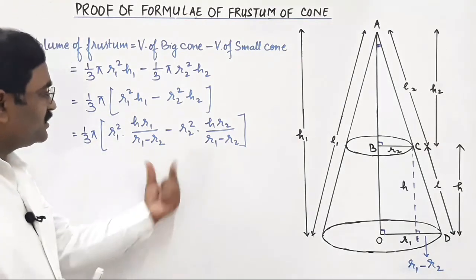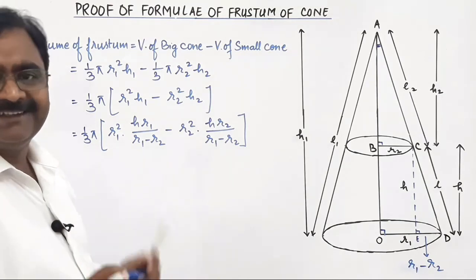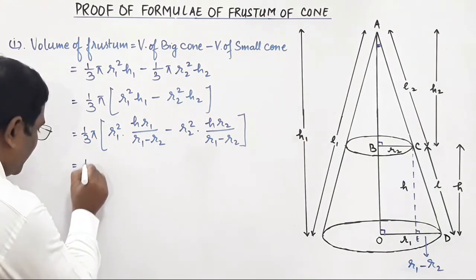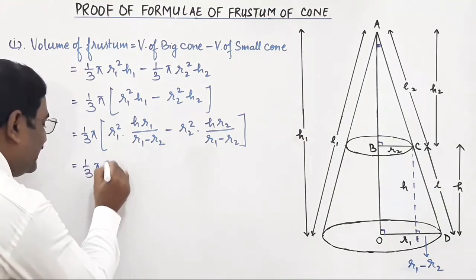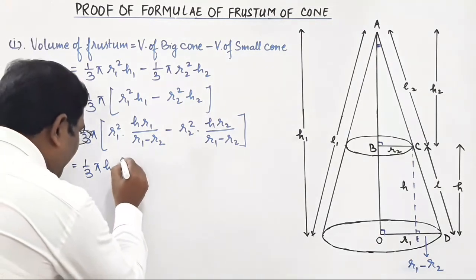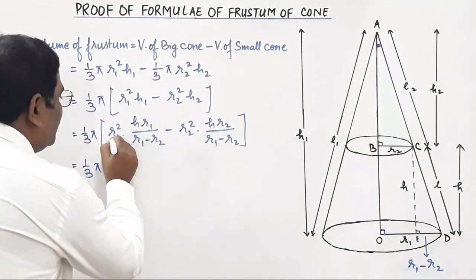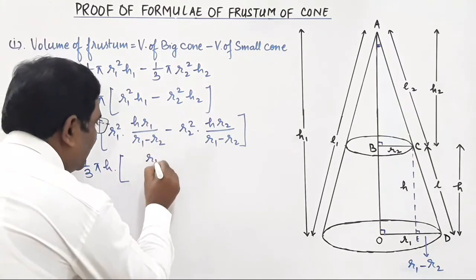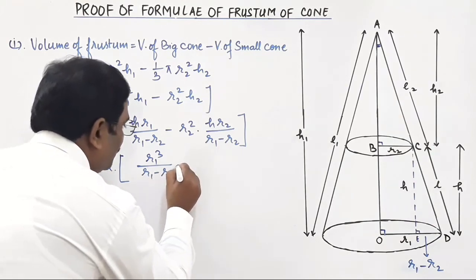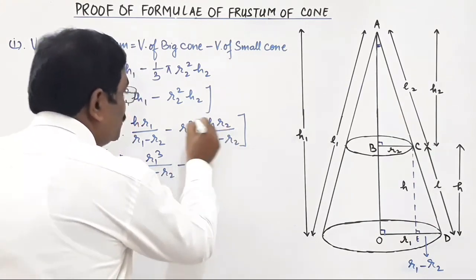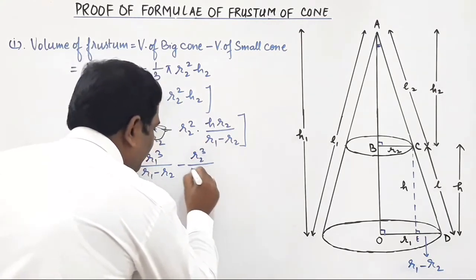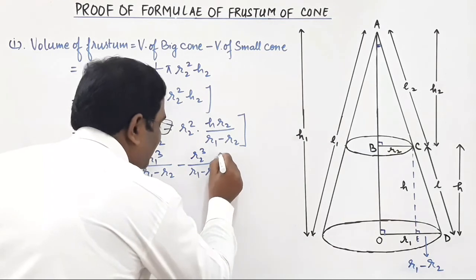From these two terms, the thing which is common we have to take out. इसको भी common कर लेते हैं. What is common? 1/3 pi H is common. तो H भी common कर लेते हैं. Now the remaining term is R1 square into R1, which is R1 cube, and denominator is R1 minus R2, minus R2 square into R2, which can be written as R2 cube, इसका भी denominator same R1 minus R2.